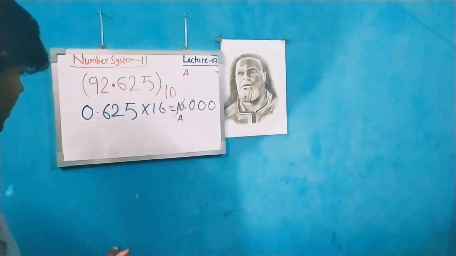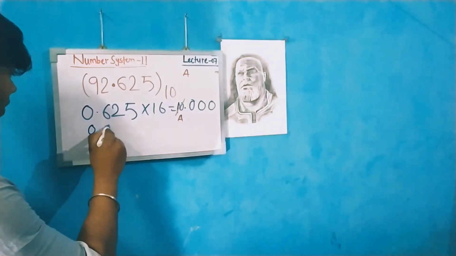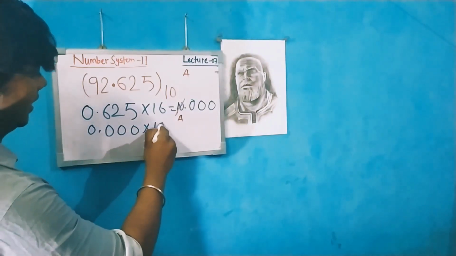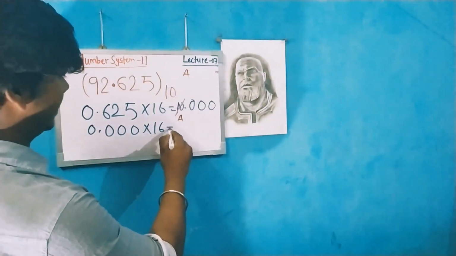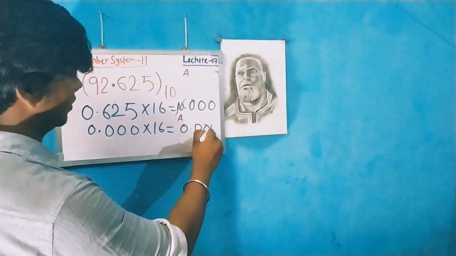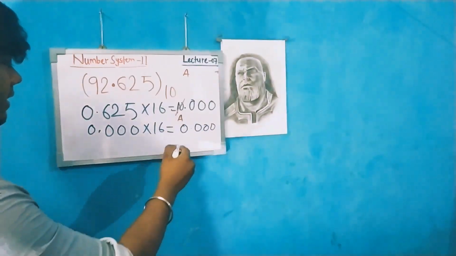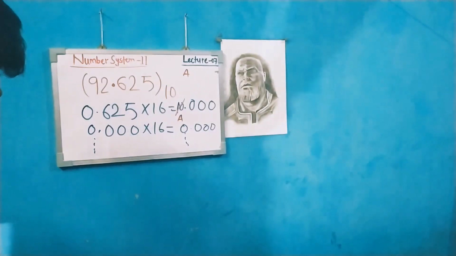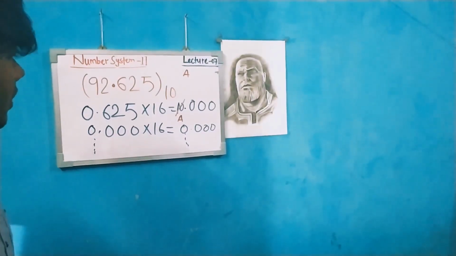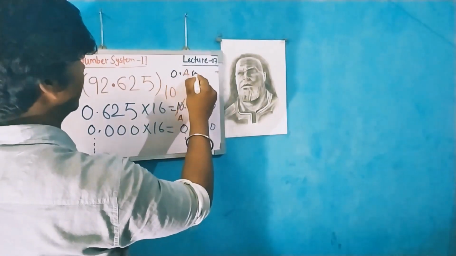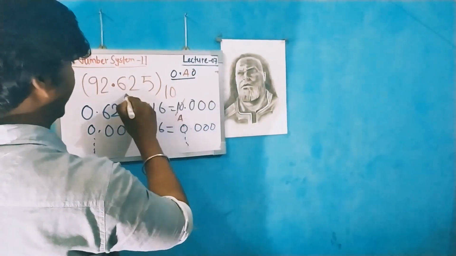That is 0.000, which is multiplied by 16 and it gives you 0.000. If you further multiply it, it becomes 000. So it is basically 0.A in the fractional part.